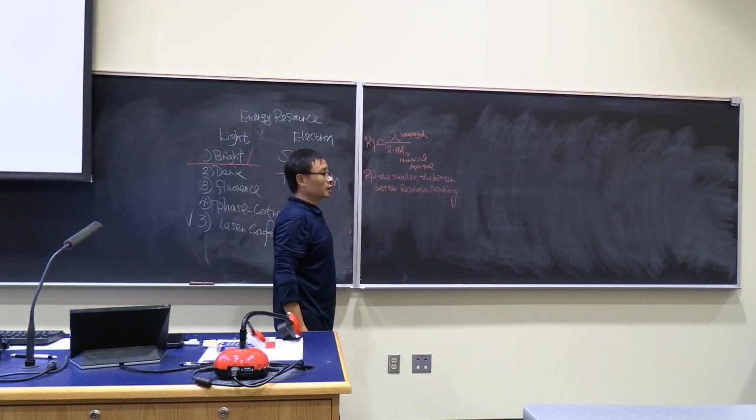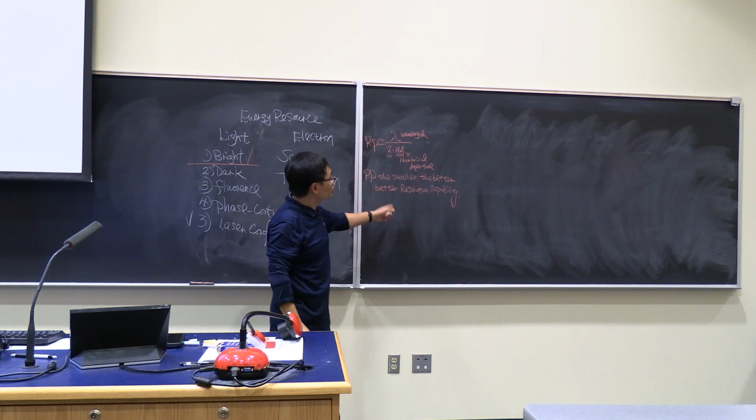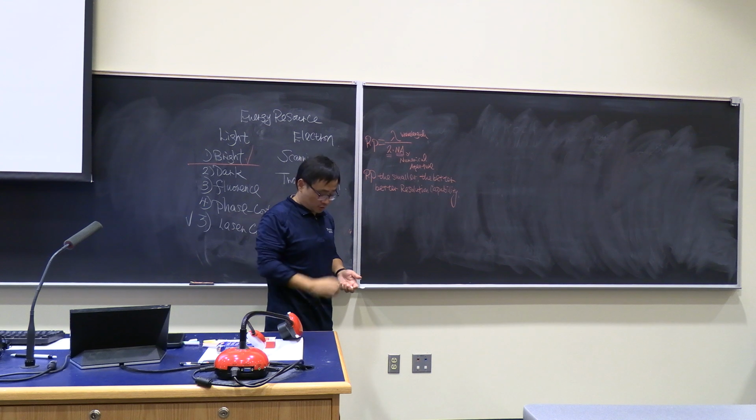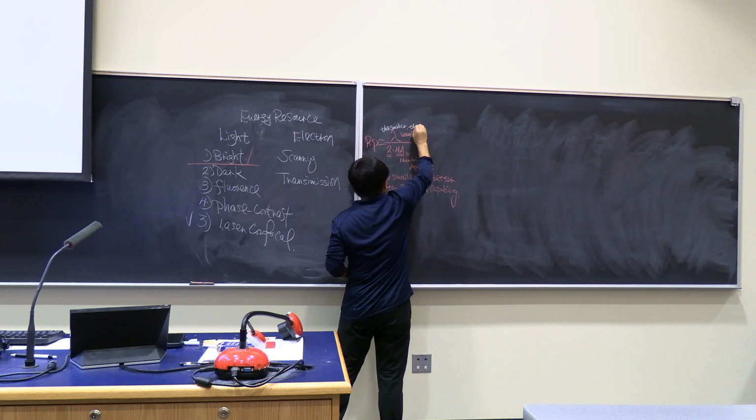How do you know it's smaller? 2 is fixed. Numerical aperture is fixed. All you can do is change this wavelength. Therefore, the wavelength has to be the smaller, the better.